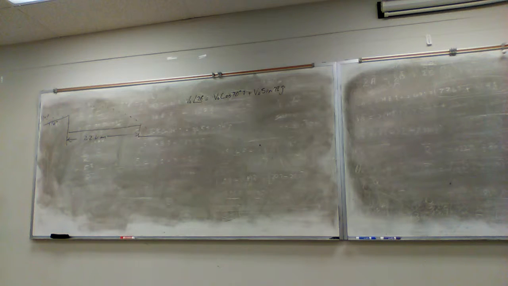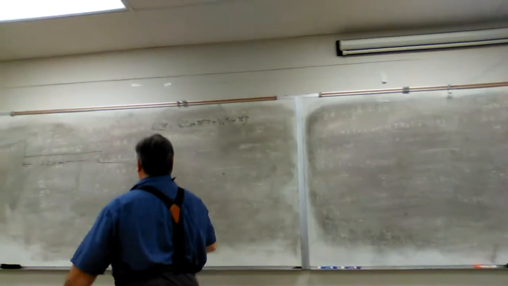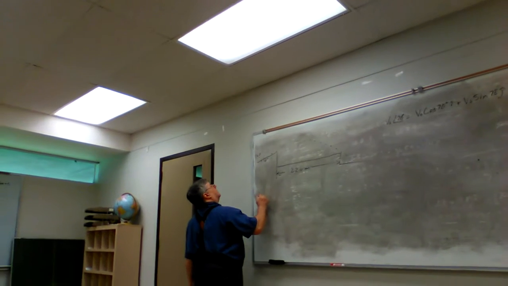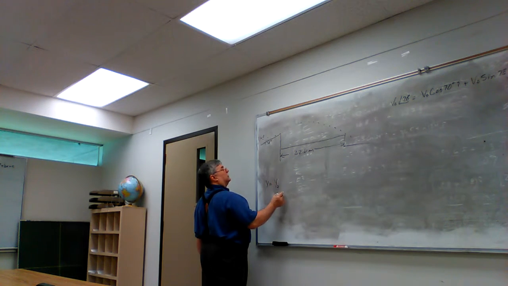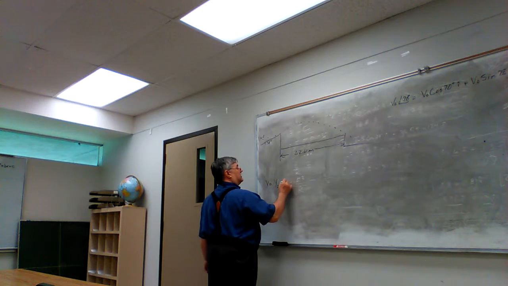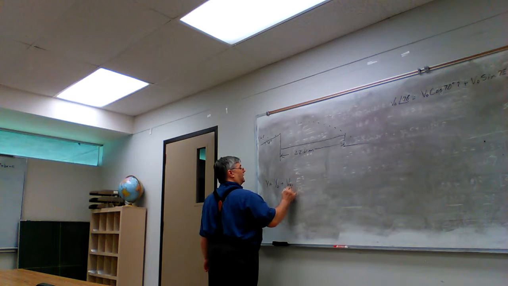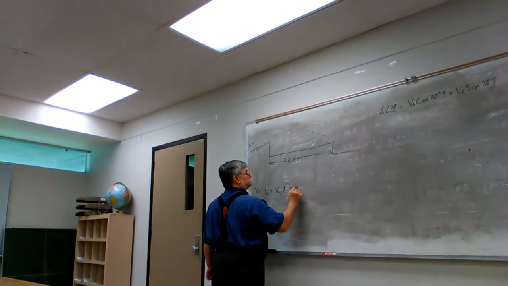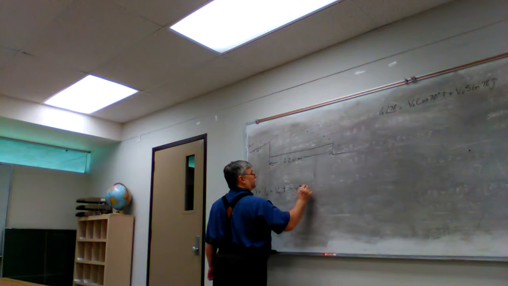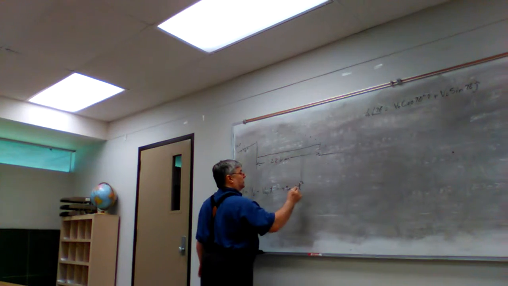How do we figure out how long he's going to be in the air? We've still got our same equation. y equals y sub naught plus v sub naught y times time minus 4.9 meters per second squared times time squared.